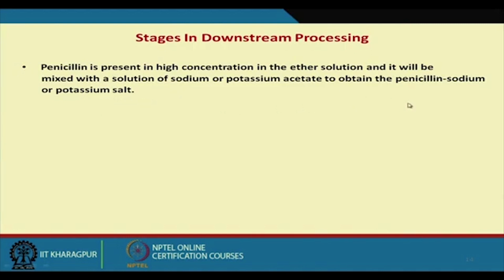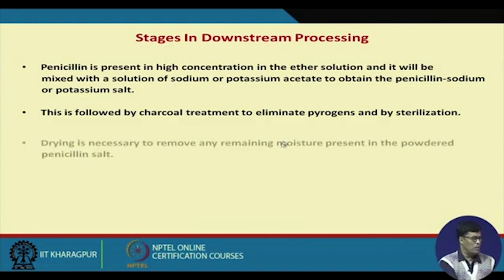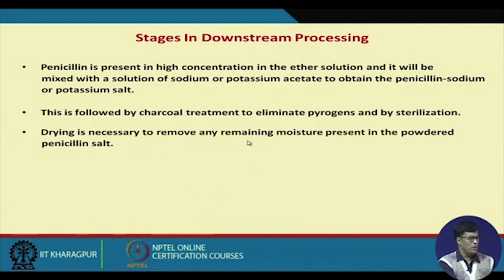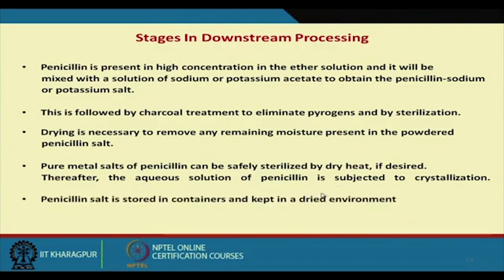This is followed by charcoal treatment, because we have seen that charcoal has some bleaching action. This eliminates pyrogens, and with the sterilization process and drying to remove the remaining moisture present in the powder penicillin salt, the pure metal salt of penicillin can be safely sterilized by dry heat if desired, and therefore the aqueous solution of penicillin is subjected to crystallization.